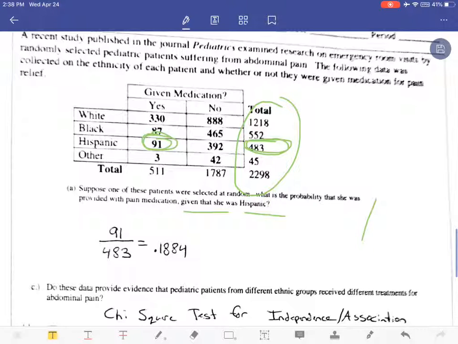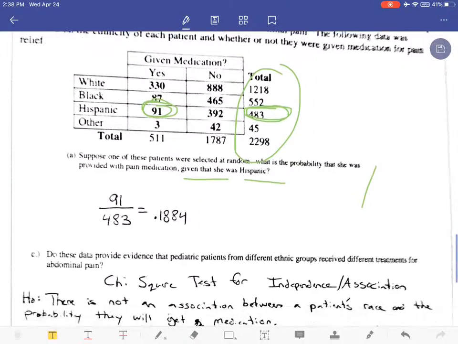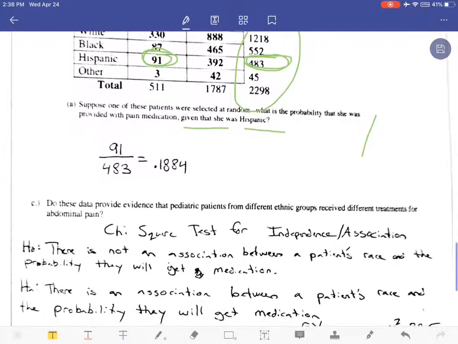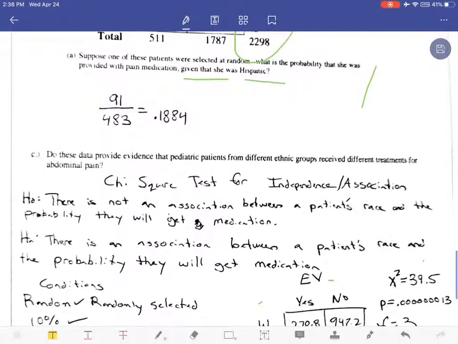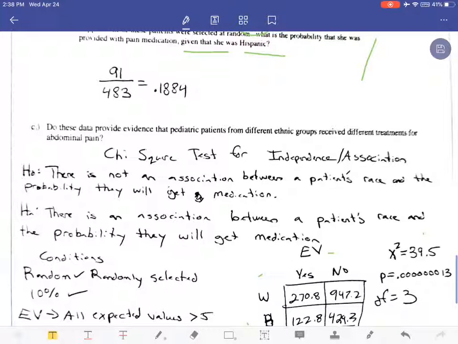Now we need to have our hypotheses. Just like the last one, we're going to write these out in words. So our null hypothesis is that there is not an association between a patient's race and the probability that they will get a medication. Anytime we're doing a test for association, your null hypothesis is going to be there's not an association between variable A and variable B, and then you just plug in the context of those variables. For your alternative hypothesis, there is an association between a patient's race and the probability that they will get medication.